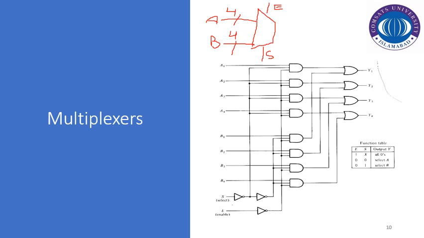Whenever this enable line is set to 0, if you see this logic diagram, you can clearly observe that it's been inverted to 1, and all these gates are now enabled. Now these inputs can be mapped to the output depending upon this select line.